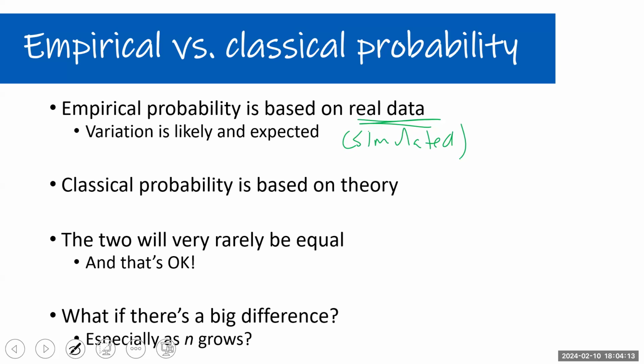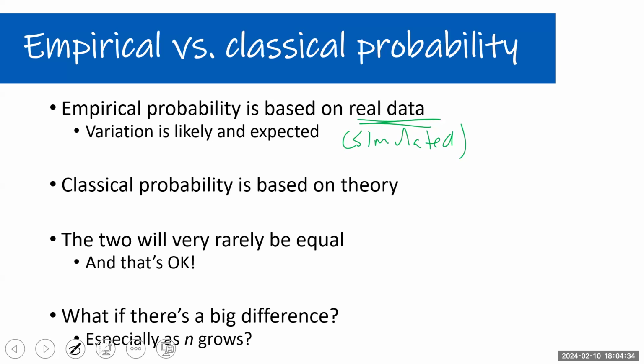Okay. So if somebody gives you what they say is a fair coin and you're tossing it 10 times and it gives you an empirical probability of 0.3 for heads, not too worried. If you toss it 10,000 times and your probability is 0.3 in that empirical probability, that's not a fair coin. Okay. That can be your red flag.